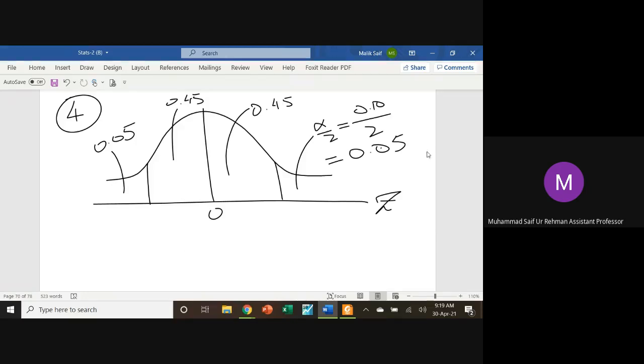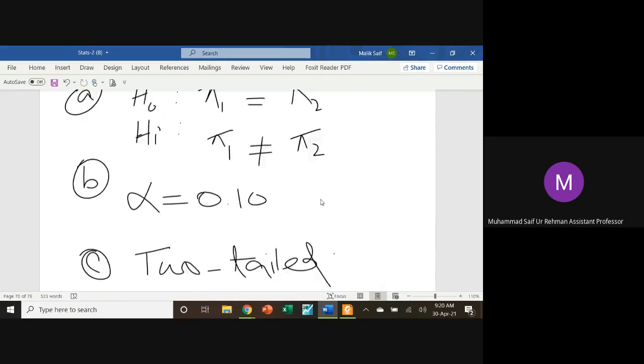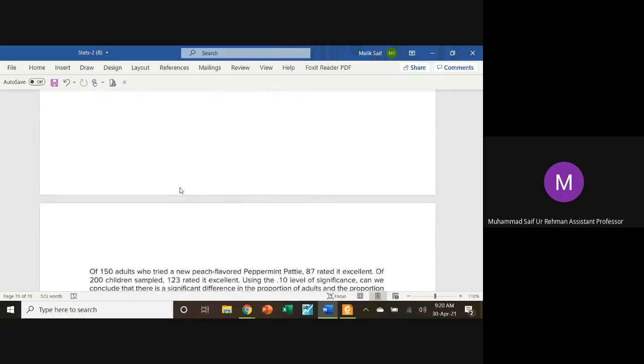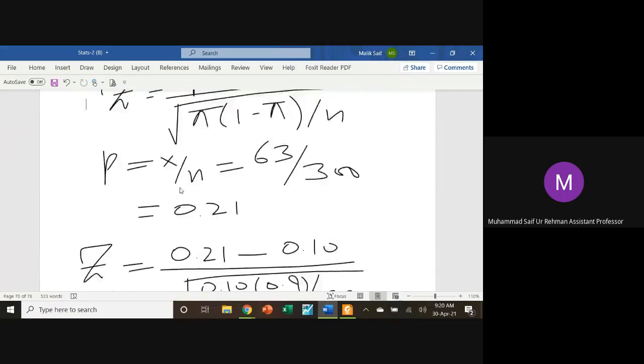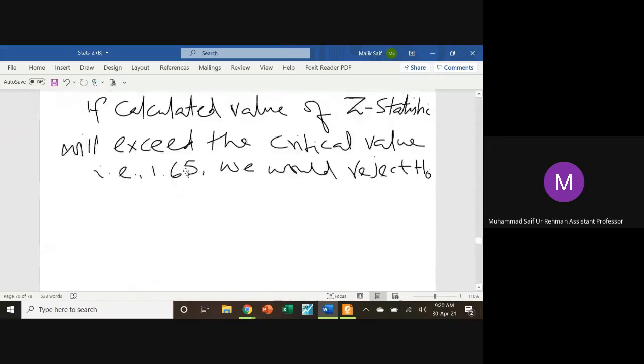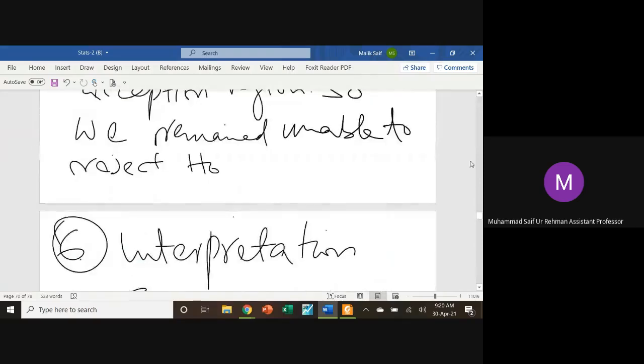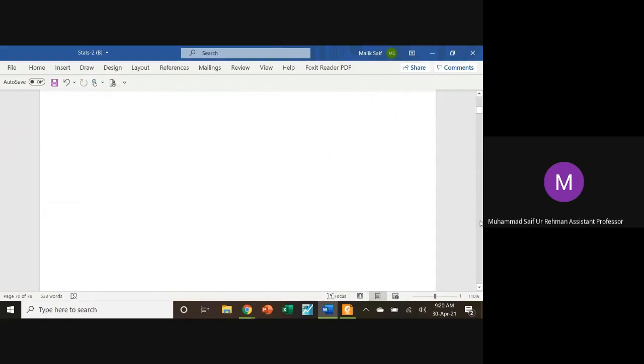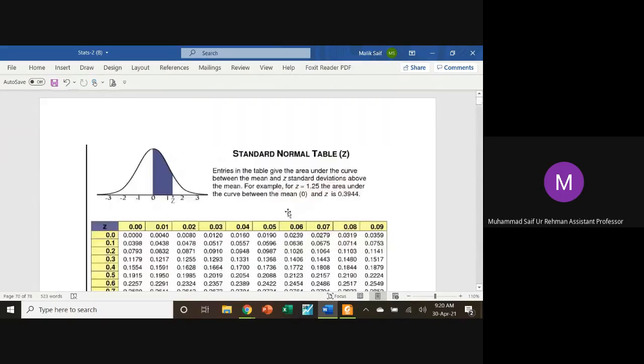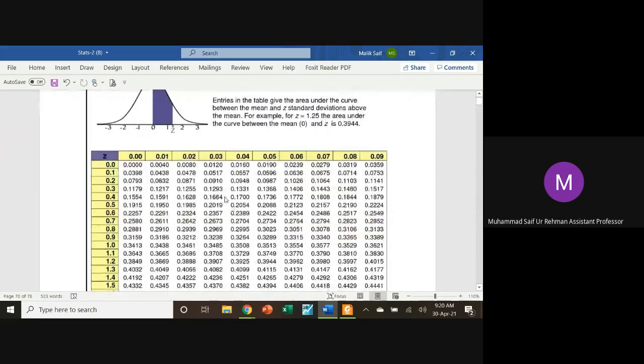Okay. So the z table is there. Let me copy this table.